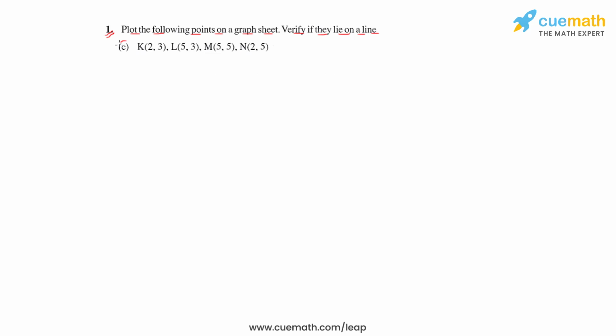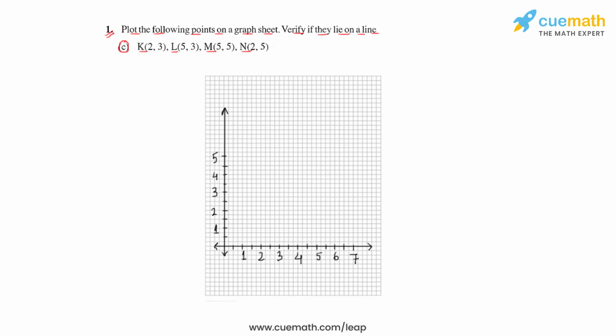Now in C part of this question, we have the 4 points K, L, M, N. So let us consider the graph sheet where the numbers are already marked on the x-axis and y-axis, and the intersection of the two is the origin.